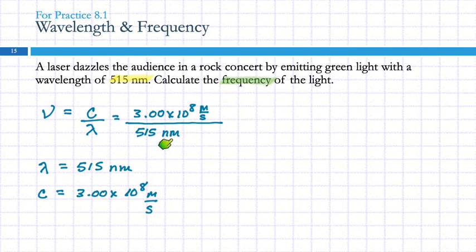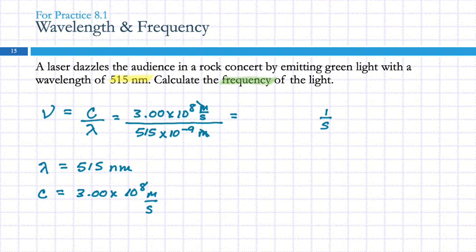Well, I think the simplest thing is to write this with, instead of nano, what it means, which is 10 to the minus 9 meters. Now the meters are going to cancel out, and we're going to end up with a unit of 1 over seconds, which is a unit of frequency.